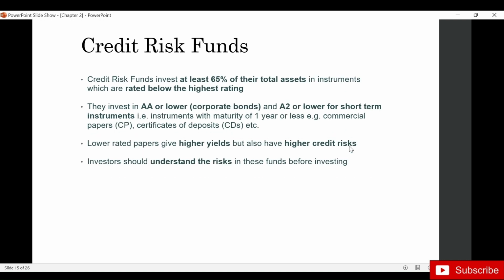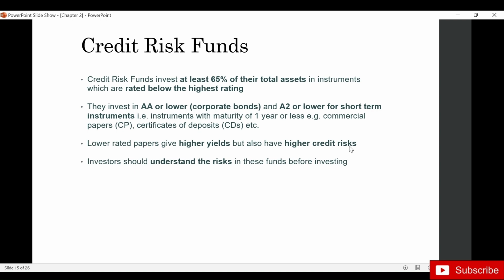Next, coming on to the next category of debt funds, credit risk funds. Credit risk funds should invest at least 65% of their total assets in instruments which are rated below the highest rating. Hence, they should invest in double A or lower corporate bonds and A2 or lower short-term instruments.